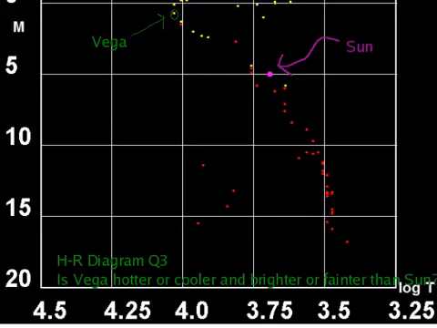Well, think about it again. Towards the bottom of the HR diagram, where we have the high magnitudes, they correspond to low luminosities and low energy output. And the higher up you go along the y-axis, you get to smaller magnitudes, but that corresponds to higher luminosities and higher energy output.